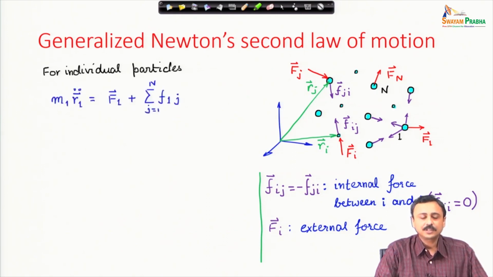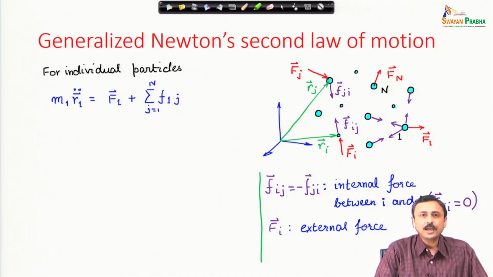For the first particle, for example, we can write mass of the first particle times acceleration of the first particle is equal to the external force on the first particle plus summation of all these internal forces because of the other n minus 1 particles. From particle 2 to particle n, these are applying forces F_12 to F_1n. F_11 of course is 0.